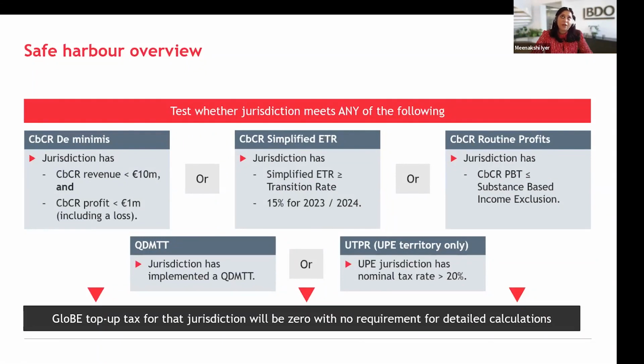And how do they define a qualified country by country report? It is a report that is prepared either using the consolidated financial statements of the ultimate parent entity, or, if a bottom-up approach is being used, then the financial statements of the constituent entities, which have been prepared on the basis of an applicable or an authorized accounting standard.